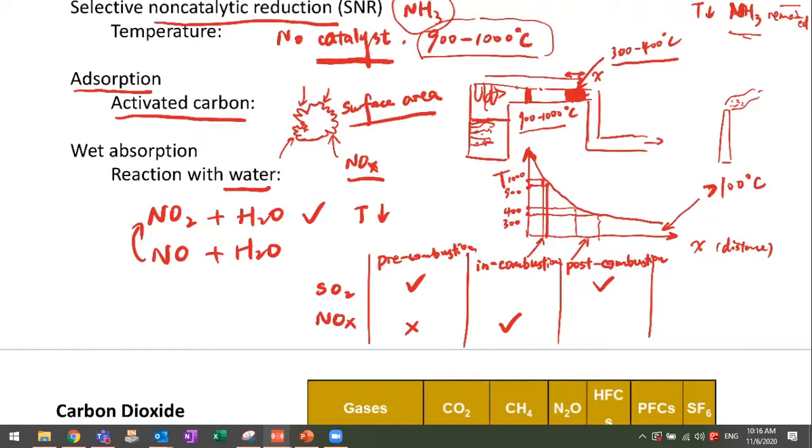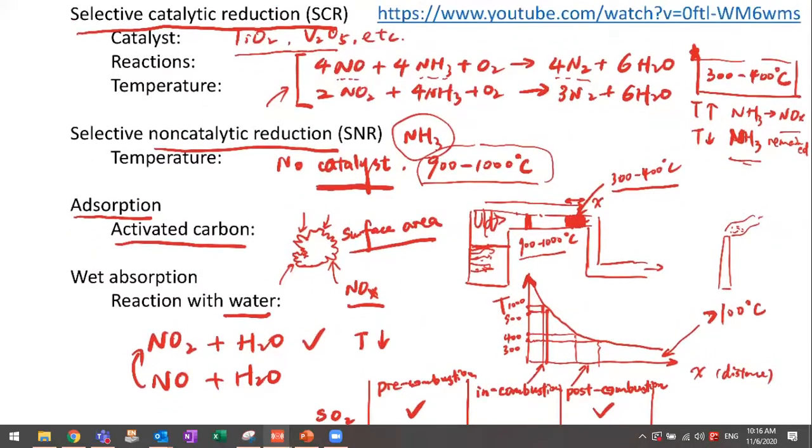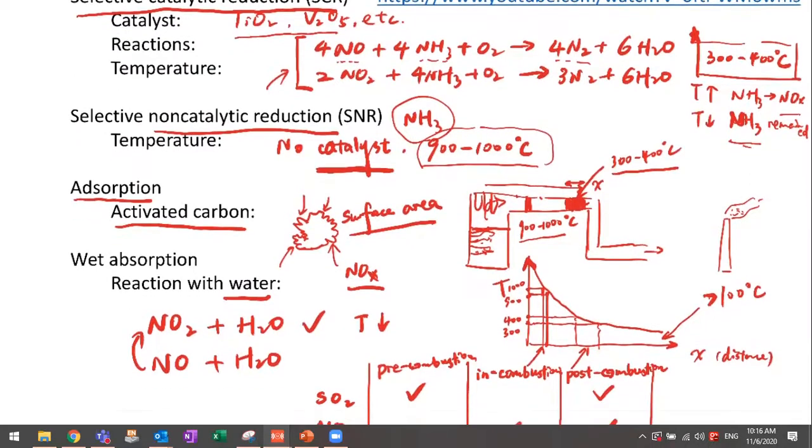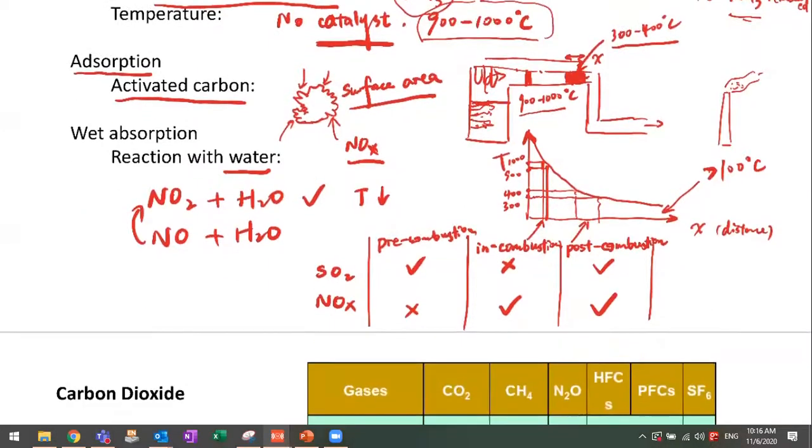We can also use the post-combustion method, which is basically SCR or SNR, absorption or wet absorption, after these NOx are formed from combustion. Okay, so this is the method we can use for NOx control.